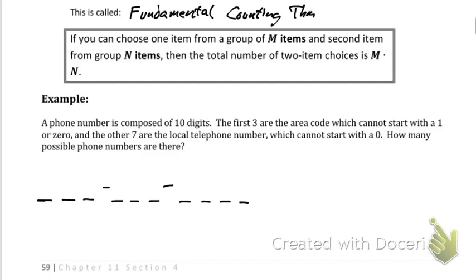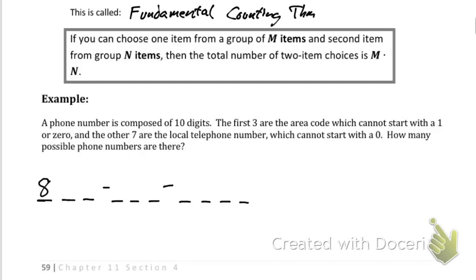The problem is you cannot use 1 or 0, because it says the first 3 are area code, which cannot start with a 1 or 0. So that means we can only choose from 2, 3, 4, 5, 6, 7, 8, 9. So there are 8 possible numbers I could have for my first number if I'm just randomly picking one.